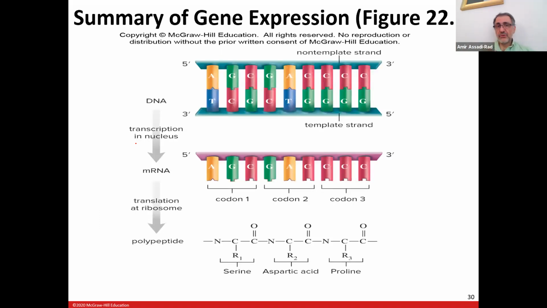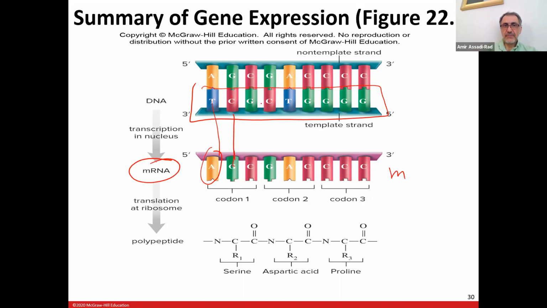Right here, they're showing it to you. This is the DNA, that's a template. So A, T, and this is mRNA: G, C, C, G, C, G, T, A, G, C, G, C. Oh, they don't have U. Wow.